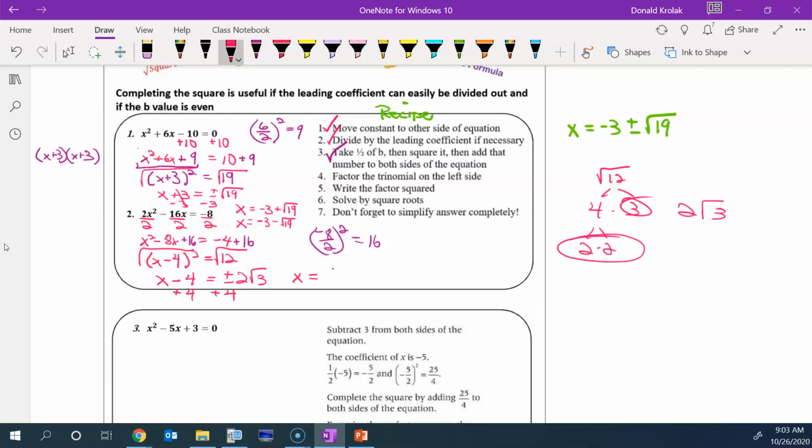And my answers are positive 4 plus 2 root 3, and positive 4 minus 2 root 3. And that's completing the square.